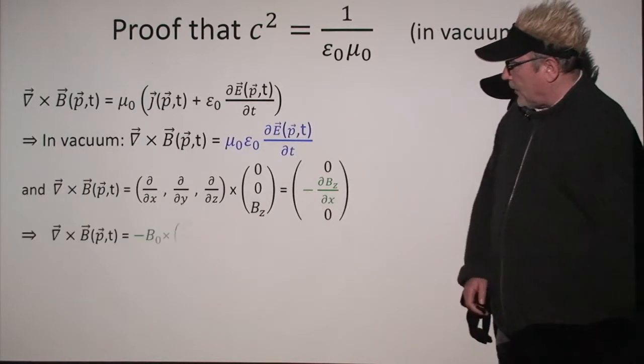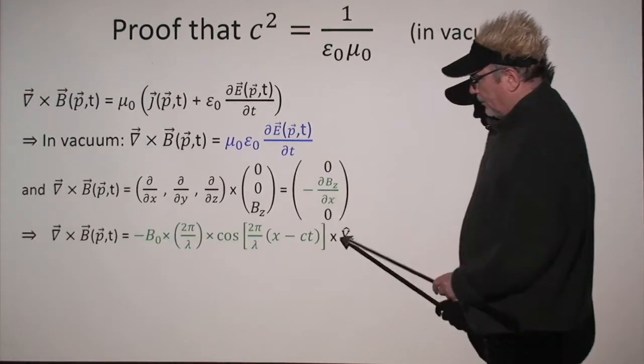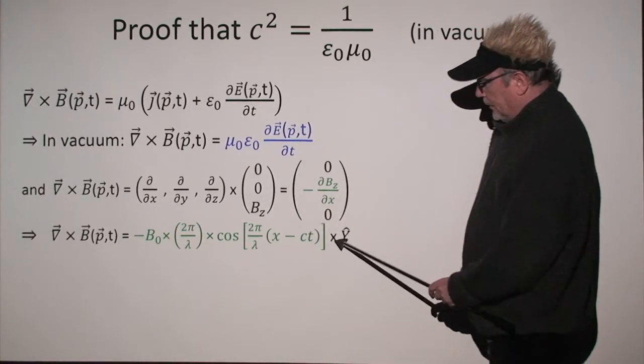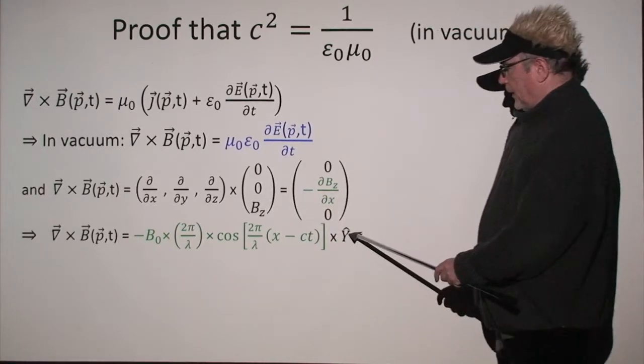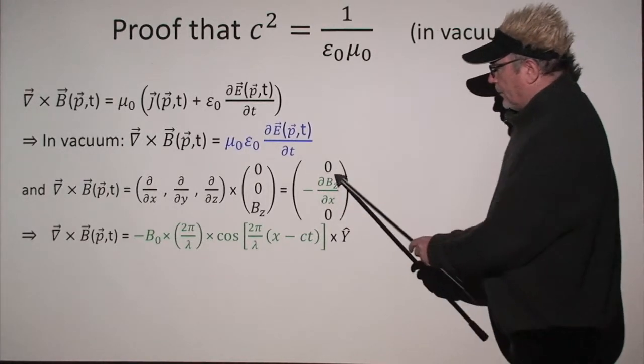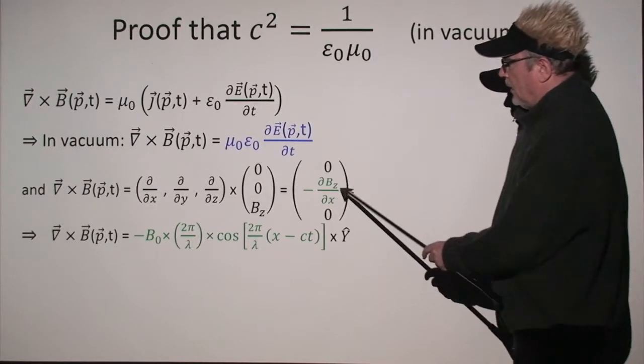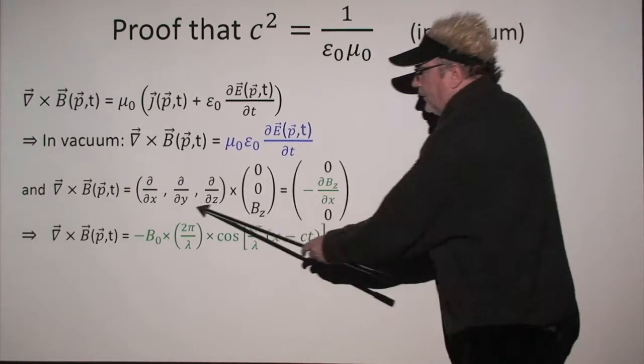You can also write this in a different way: as that value multiplied by the unit vector, which by definition is 0, 1, 0. If you replace that by the actual partial derivative over x, you get this.